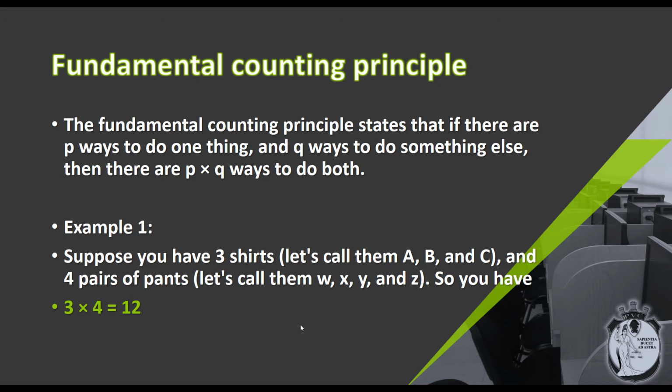The names of those pens are W, X, Y, and Z. So you have 3 times 4 equals 12 different results for that experiment. This is the fundamental counting principle.